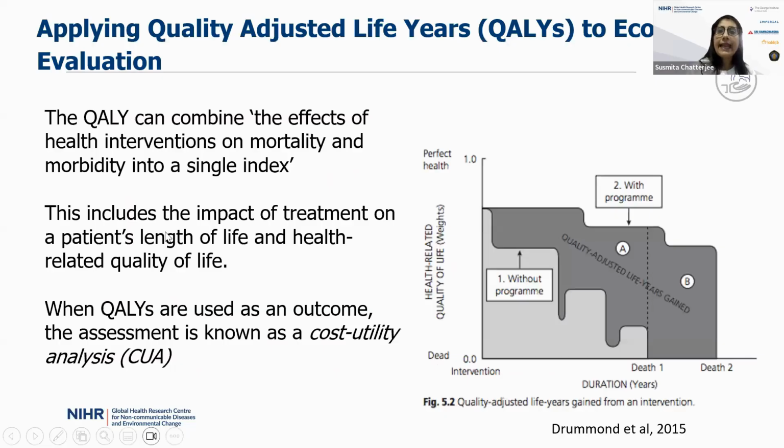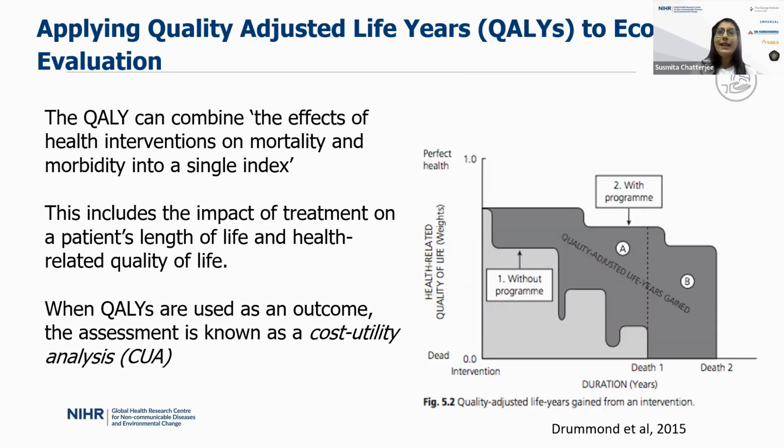Let's go to the next idea, QALY. QALY is actually the opposite of DALY, okay? Very simple. In simple terms, it's the opposite of DALY. Quality adjusted life years. See, here the quality comes in.